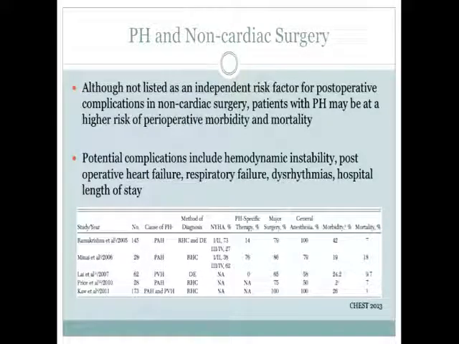So why do we care about all this? In terms of non-cardiac surgery, currently I don't think PH is listed as an independent risk factor for postoperative complications in the AHA or ACC practice guidelines for non-cardiac surgery.